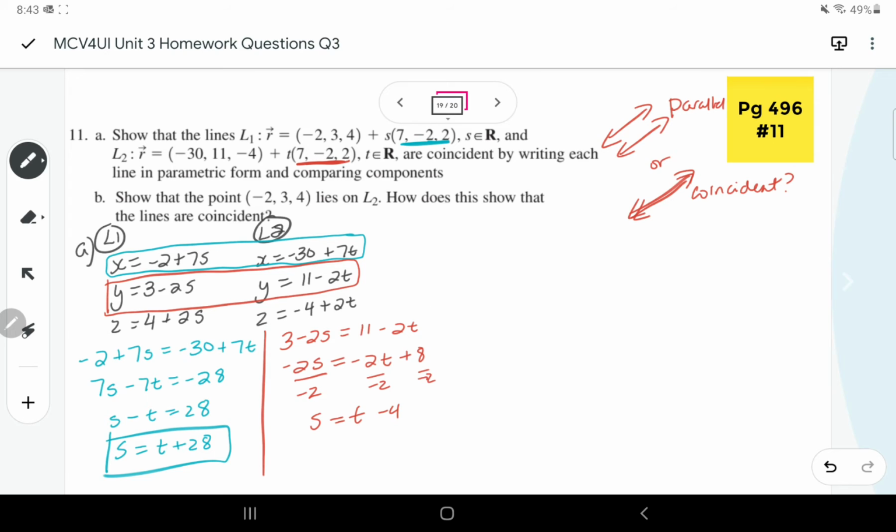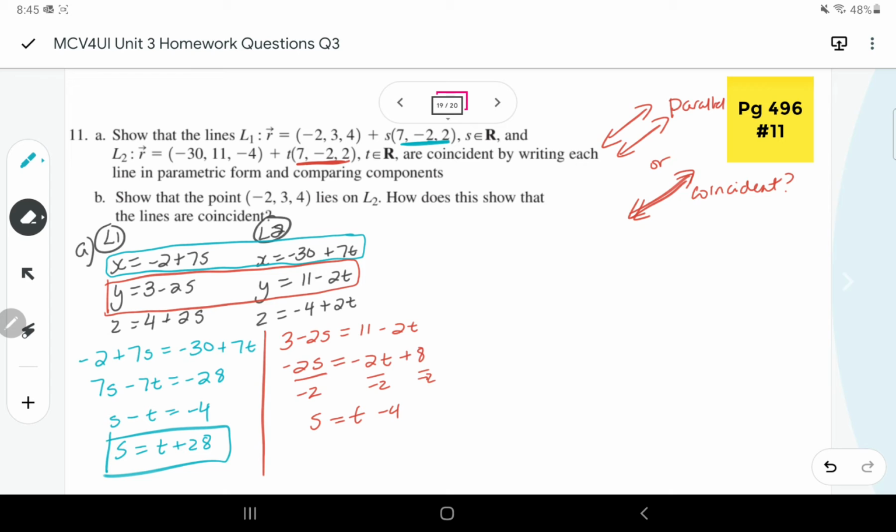So here we could say t plus 28 equals t minus 4, and we would get... oops. Sorry folks, just found my mistake. I got myself in too deep here and missed dividing this one term by 7.